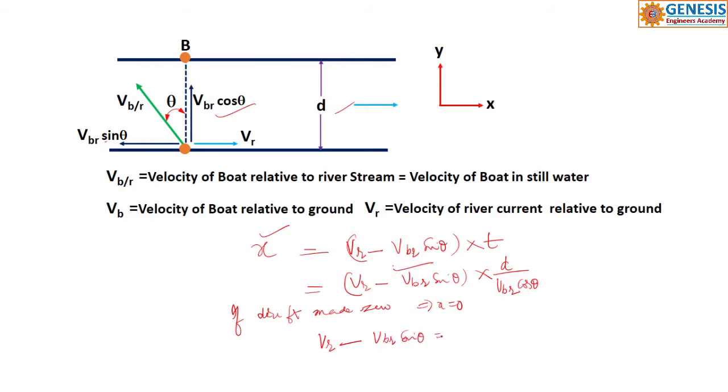From this equation, sin theta is equal to VR by VBR. You understand? So theta is equal to sin inverse of VR by VBR.